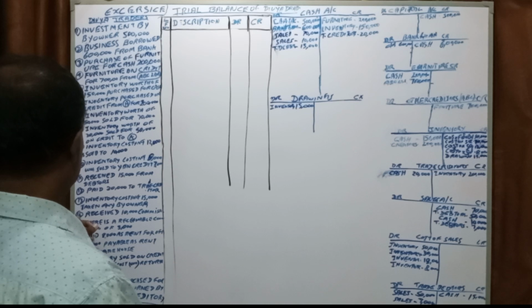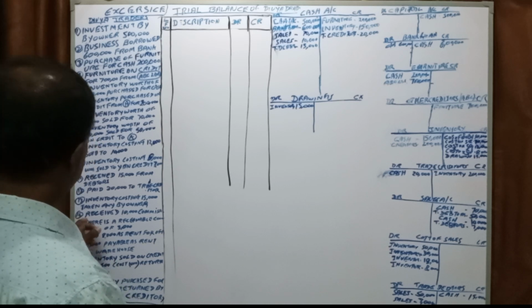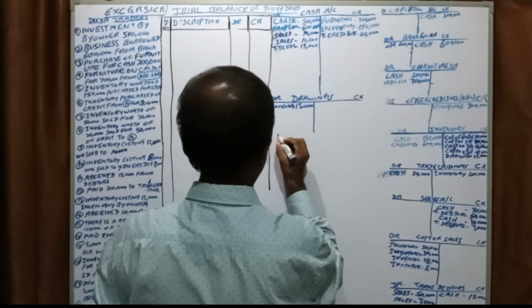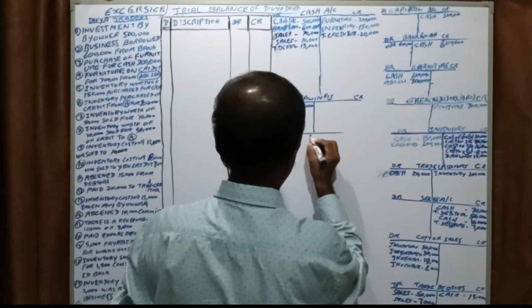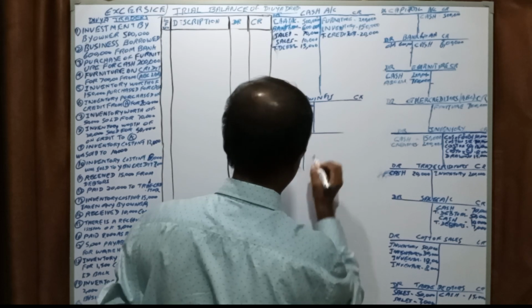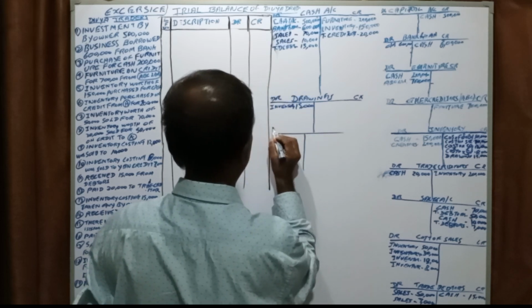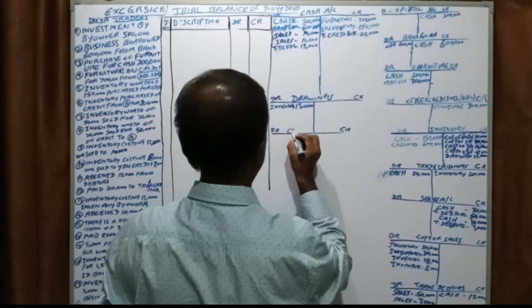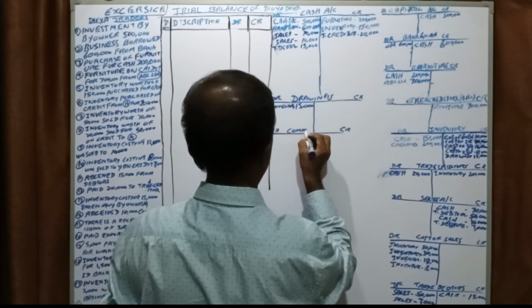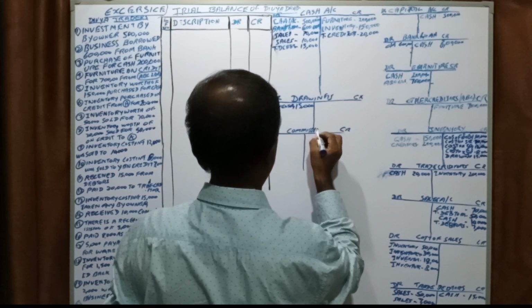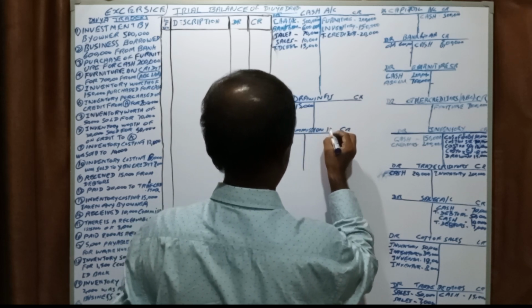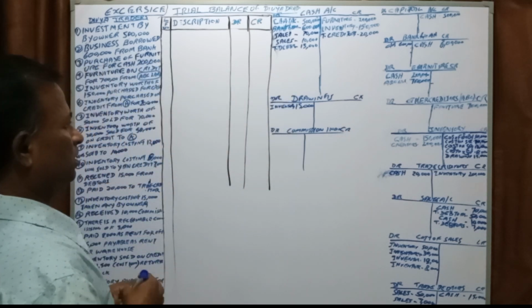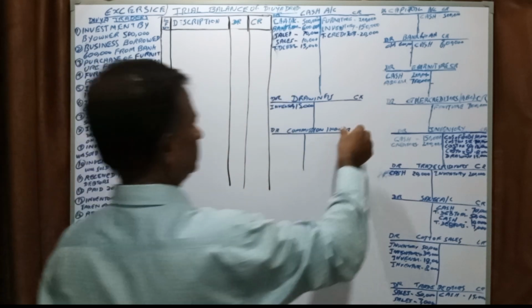Next is adjustment number 14. Received rupees 10,000 as commission. So commission income, debit and credit, commission income account, right?